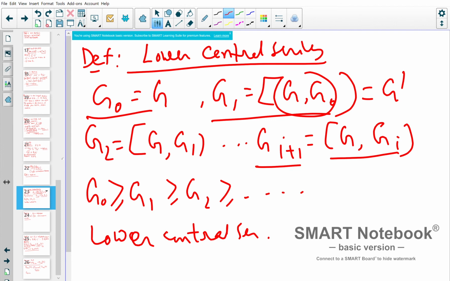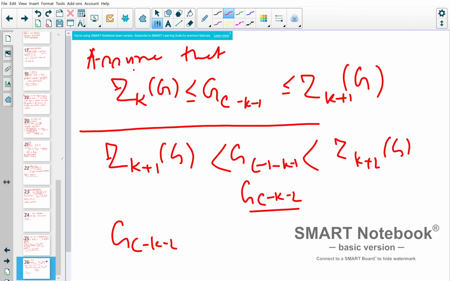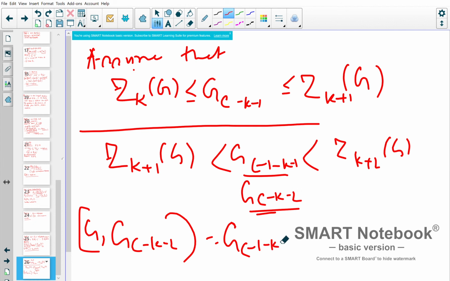Okay, so this is actually coming from this. This subgroup is nothing but Z_{C-1-K}, and this is 2.